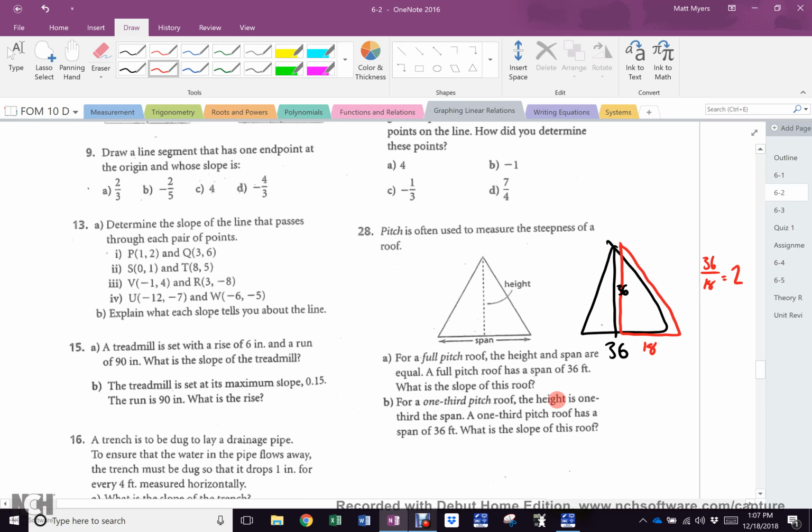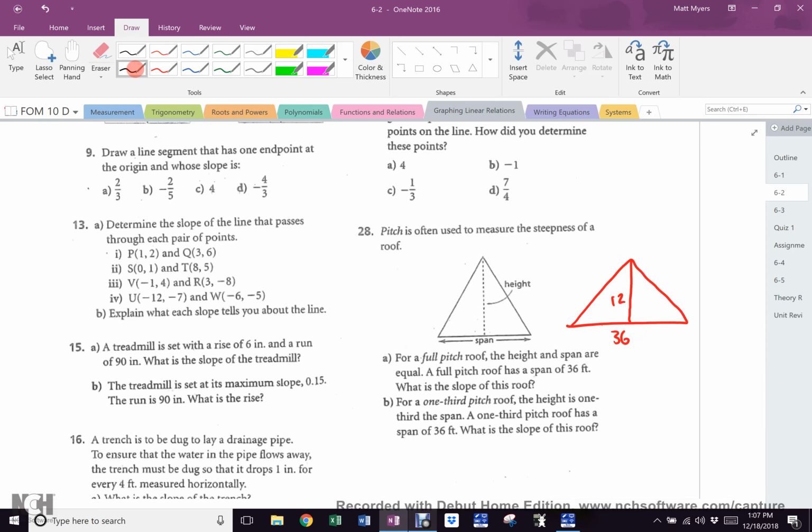Okay? So for B, the height is 1/3 of the span. So for B, my span is still 36, correct? But my height is now 1/3 of 36, which is what? 12. And my slope lives here.